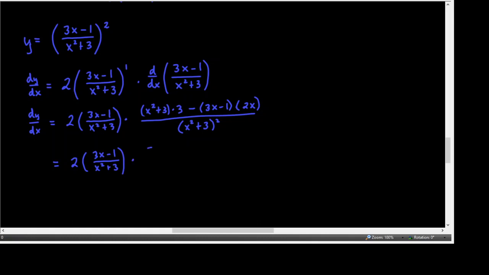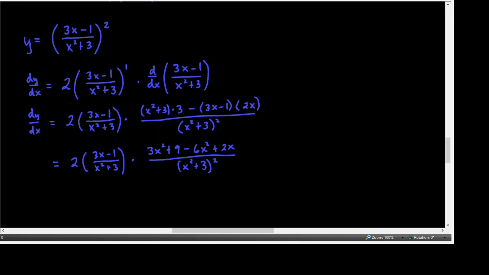So that's going to be distributing 3x squared plus 9 minus 6x squared plus 2x. Make sure you're distributing both the negative and the 2x in that second half of the fraction there. You have to be really careful with your algebra.